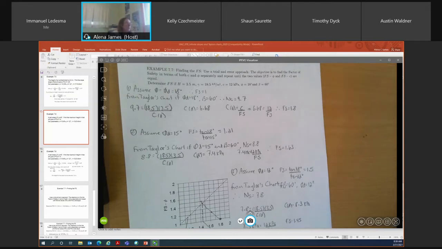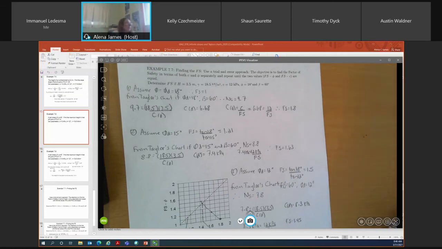So in this instance, you don't know what your factor of safety is, but you know what your slope height is, you know what your bulk unit weight is, you know what your cohesion is, your friction angle and your slope angle. And you want to determine what your factor of safety of your slope is. So it's just a trial and error approach. The very first step is we're going to assume a phi d value.